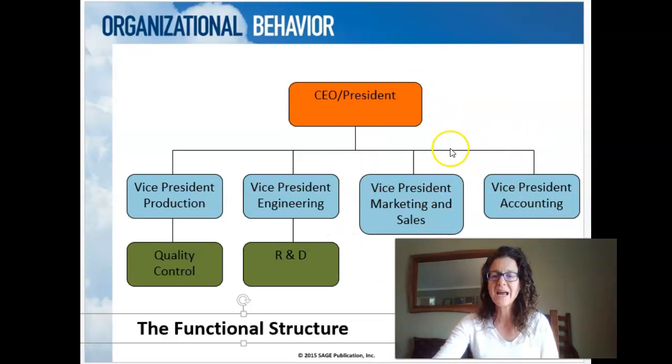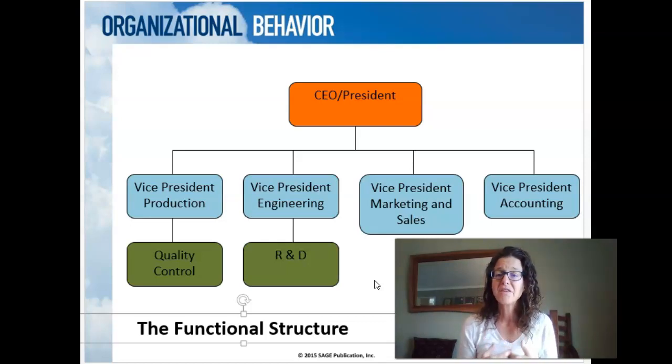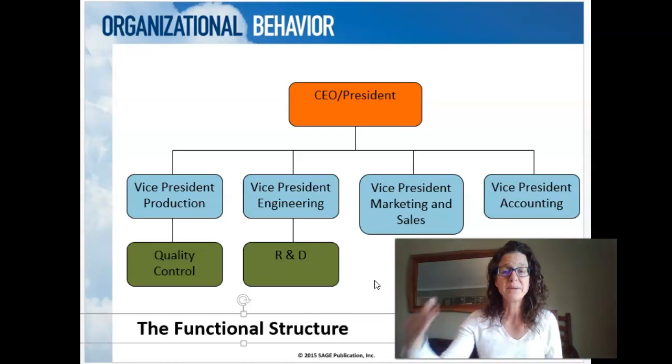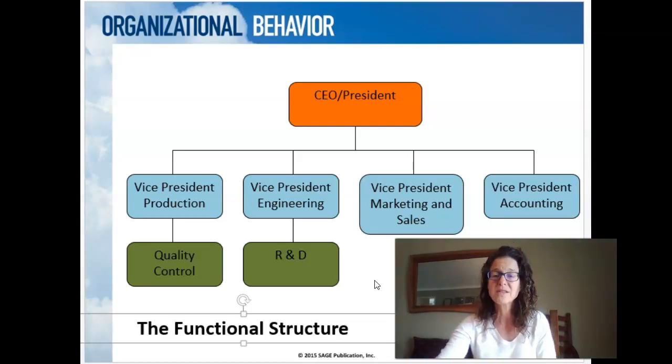And so departments end up forming almost their own narrow silos, and their focus becomes more on their own departmental goals or their own objectives, and they feel almost as if they are in competition with other departments for scarce resources in order to accomplish these goals.